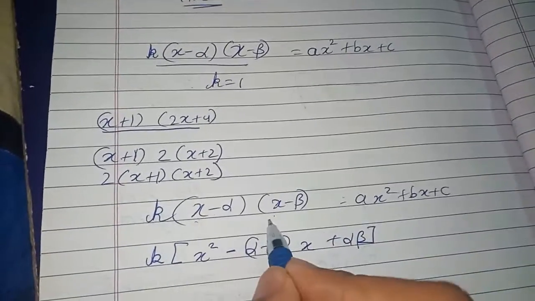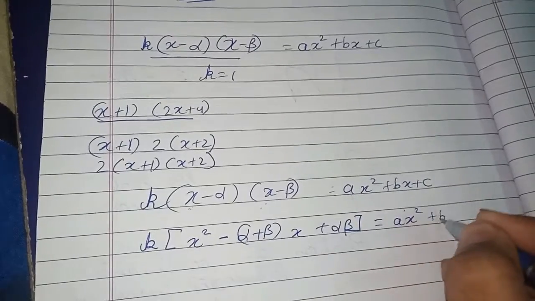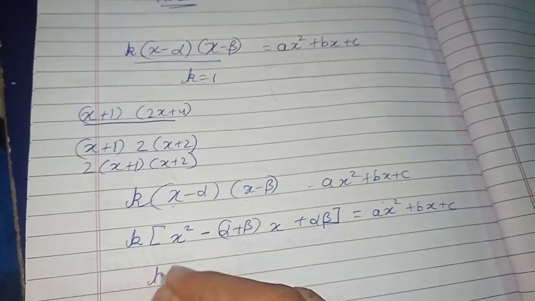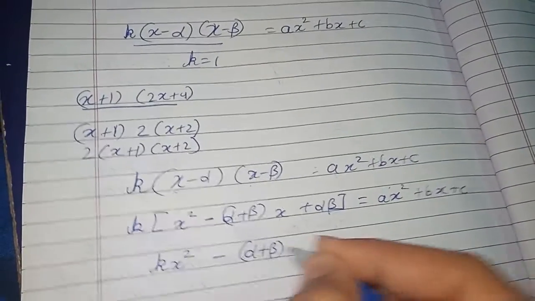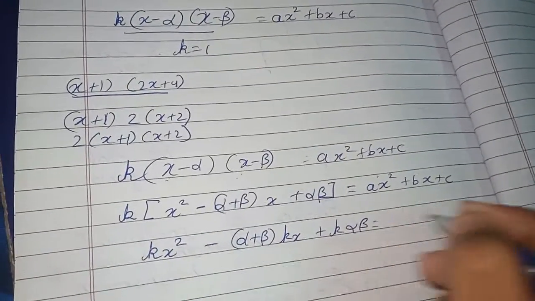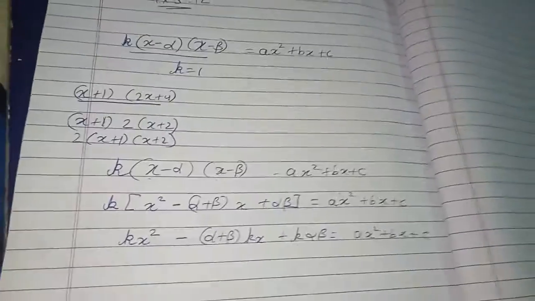On multiplying we will get kx square minus k(alpha plus beta)x plus k alpha beta, which is equal to ax square plus bx plus c.